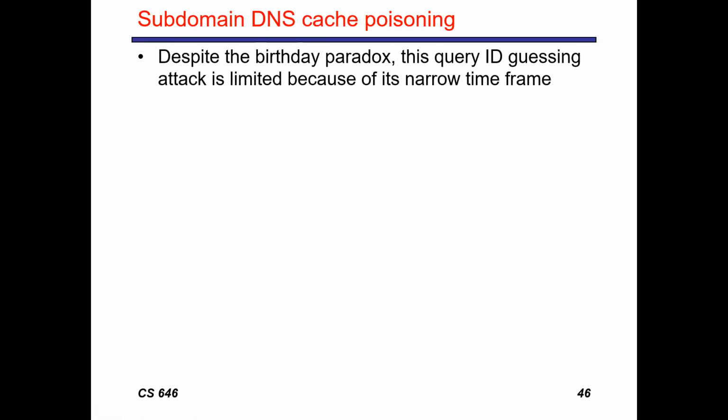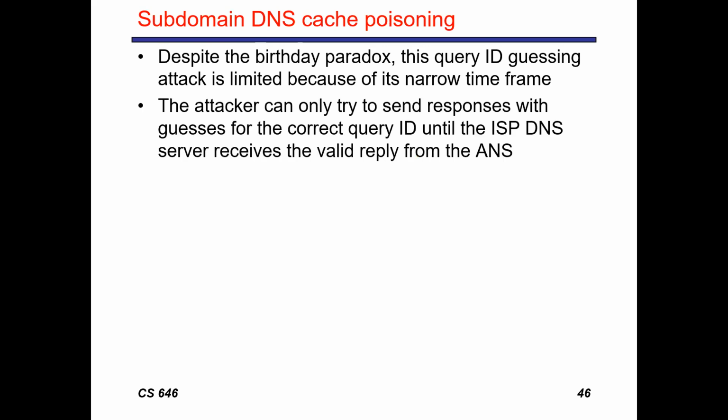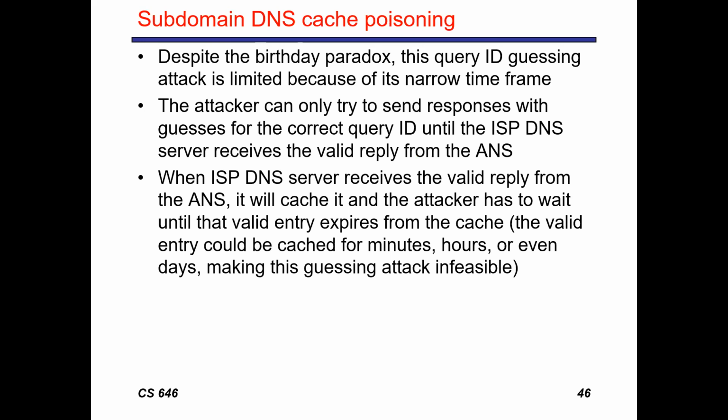Despite the birthday paradox, and the 50% chance that the attacker will be able to guess the ID, the attack is still limited to a narrow time frame. Because while sending these 2^13 responses, if in the meantime the ISP receives the reply from the authoritative name server, it is going to drop all your other responses.